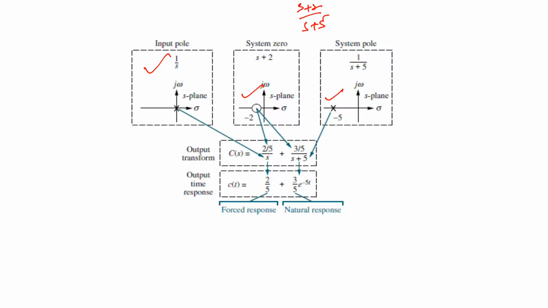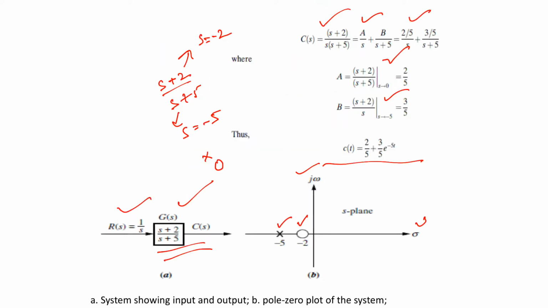As in the previous example, s plus 2 divided by s into s plus 5 is the total response, and we bifurcate it by using the partial fraction expansion.